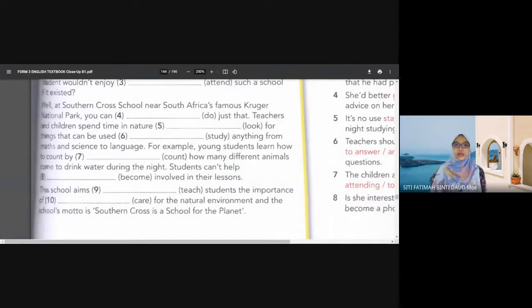Teachers and children spend time in nature looking or to look for things that can be used. Which one? I give you two choices. Looking or to look. So look here should be verb.